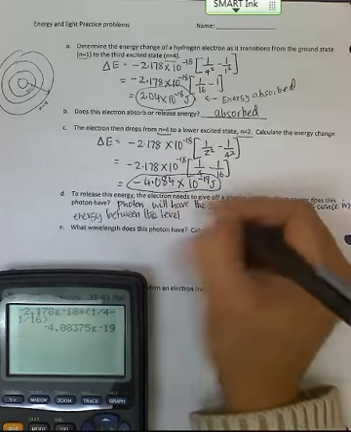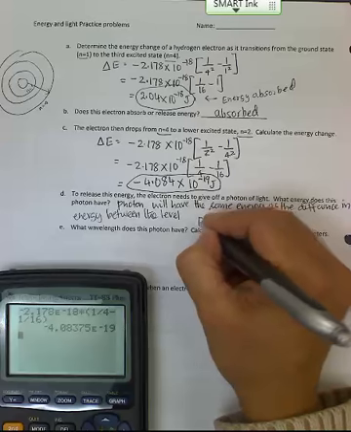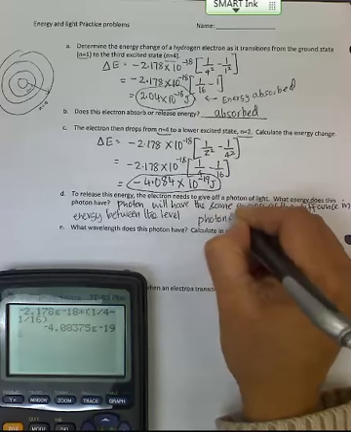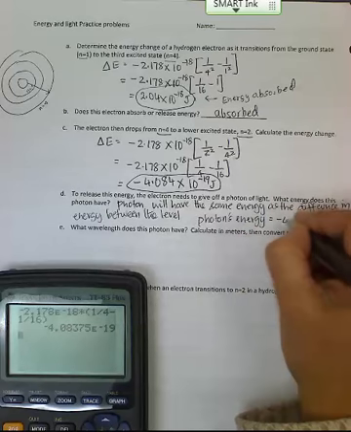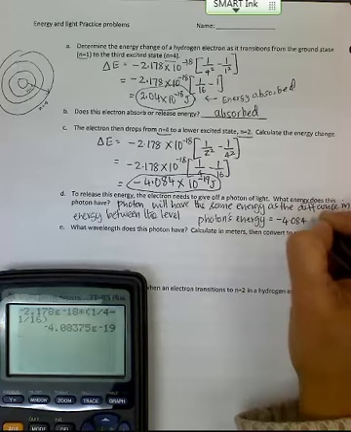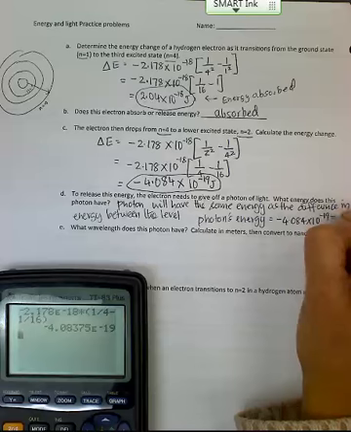So the photon's energy will be equal to negative 4.084 times 10 to the negative 18 joules.